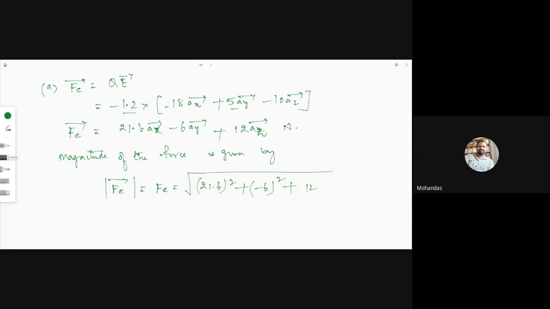Please calculate this value and tell me the answer. Be ready with the calculators. How much value do you get? 25.42 newtons. So please note down this problem, all of you.